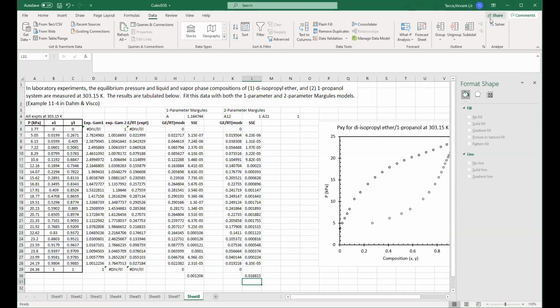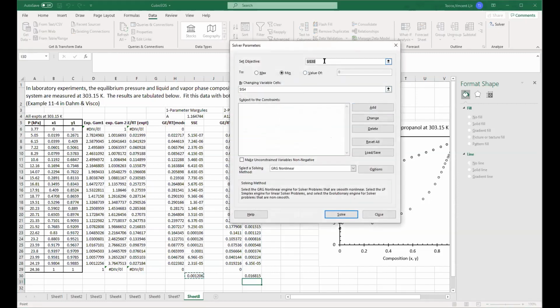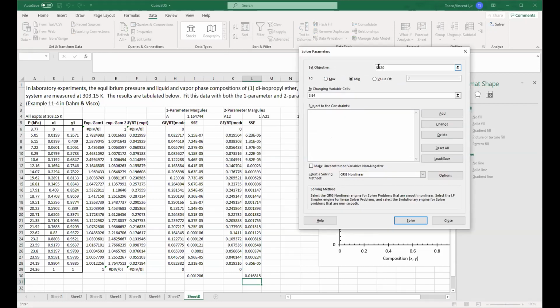And I can run Solver again to minimize the cell. This one is now L30. So I've got to change that to L30, minimize by changing target cells of L4 and N4. All right, that's where my parameters are. Solve.